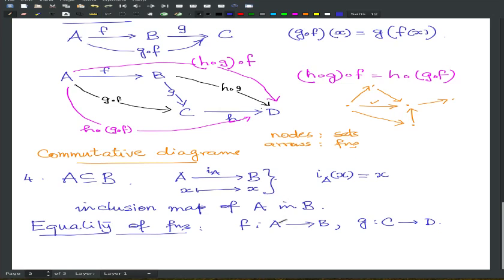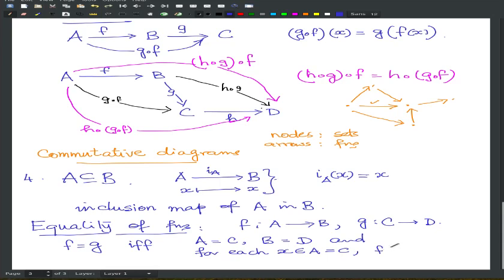So it boils down to saying that f is equal to g if and only if their domains are the same, their codomains are the same, and then for each x in A, which is the same as C, f(x) is equal to g(x).